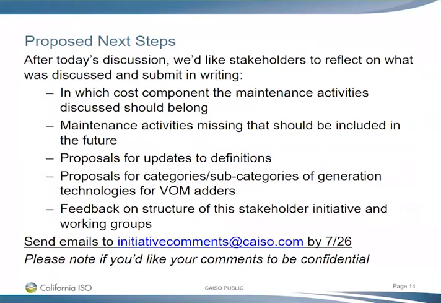At the end of the day, we're trying to come up with a default value that would work for most of these generators. So when you mark it as confidential, we will take that into consideration to see if it fits only your generator or applies to other generators as well. So this will be based completely on all the comments that we get and all of the research that we have done to figure out how we determine these default values.